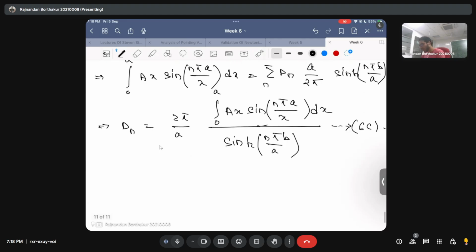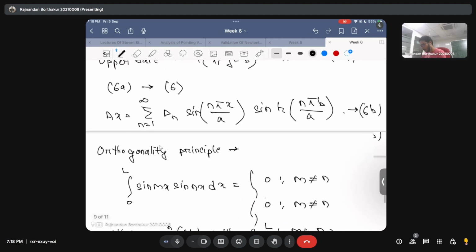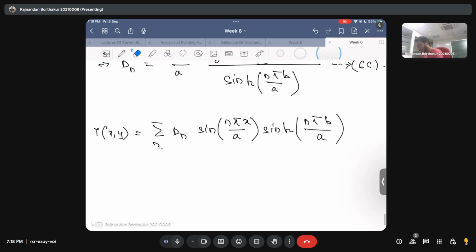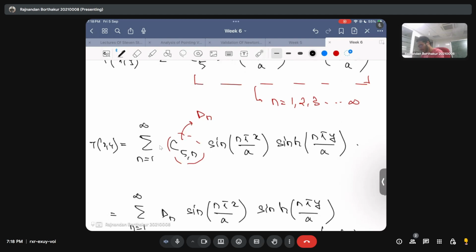So the solution then is T of x, y equal to summation over all n of dn sine n pi x by a sine hyperbolic n pi y by a. Sorry, hold on, this is sine hyperbolic n pi y by a, because that's what T of x is, right?